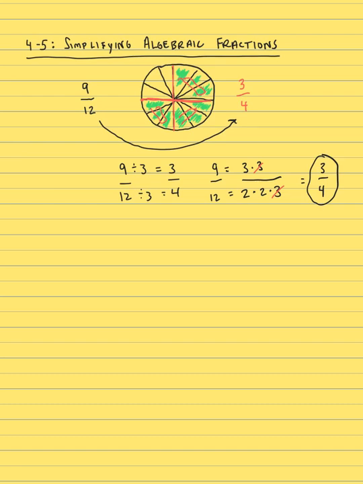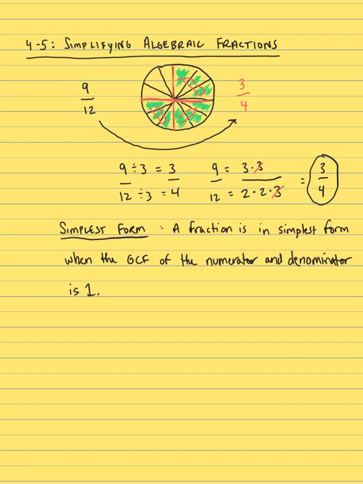And what does simplest form even mean? Well, let's kind of investigate that for a second. So the definition of simplest form: a fraction is in simplest form when the GCF, the greatest common factor, of numerator and denominator is 1. Well, that's kind of a fancy definition, right? That kind of makes sense.